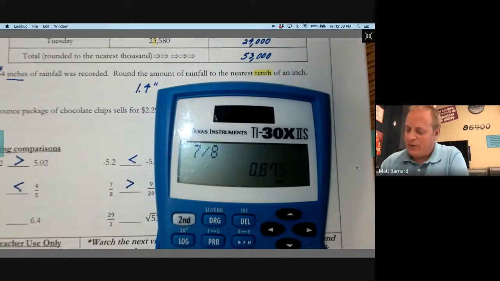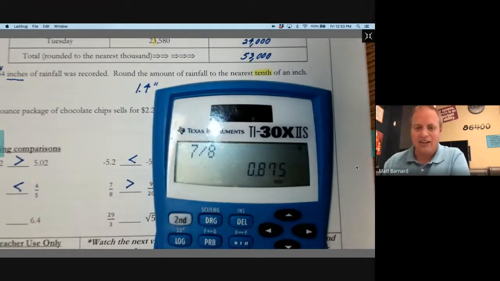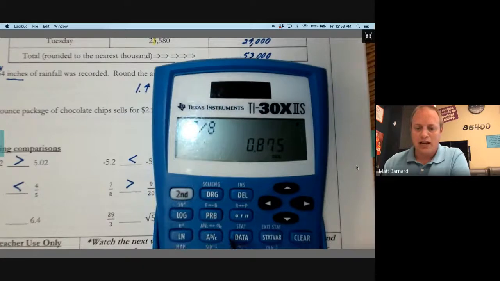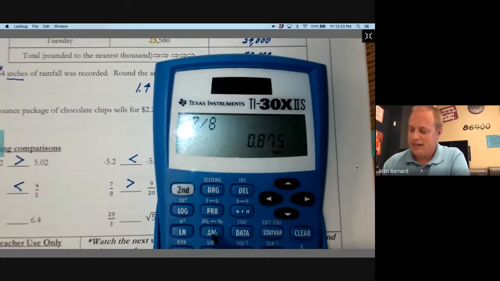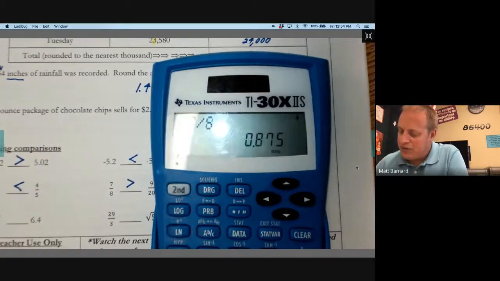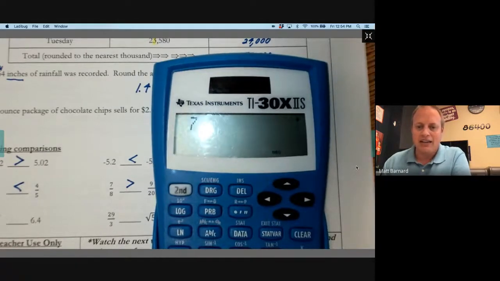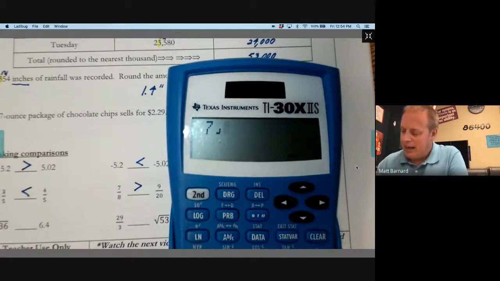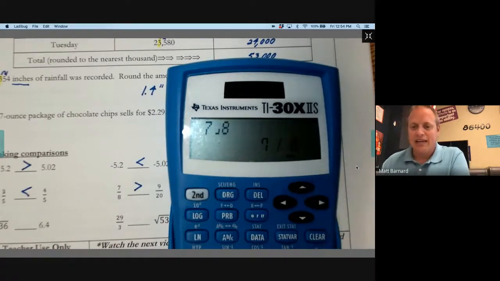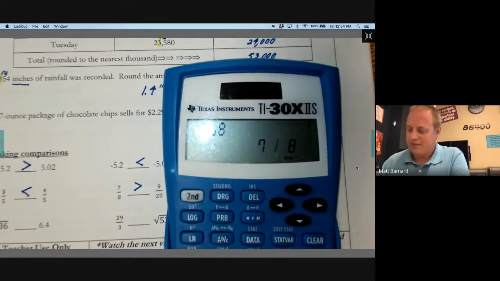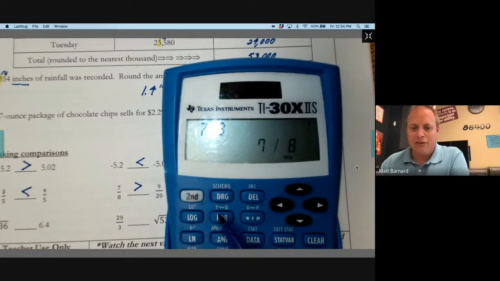We also have a fraction bar on this calculator. It's right here. So what we can do is go 7, hit the fraction. Notice it puts a little mark in there. Sorry for the glare. And 8, and we can hit equals or enter, and nothing much changed, did it? But on this calculator, there's an F to D key.